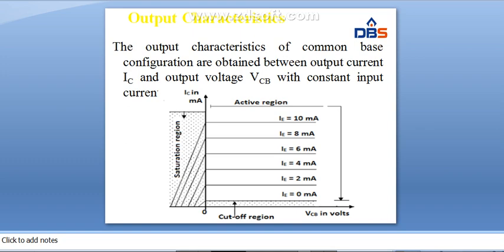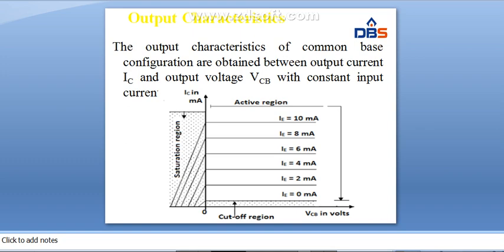From these characteristics, for a constant value of IE, IC is independent of VCB. And the curves are parallel to the axis of VCB. See here, these curves are parallel to the axis of VCB.